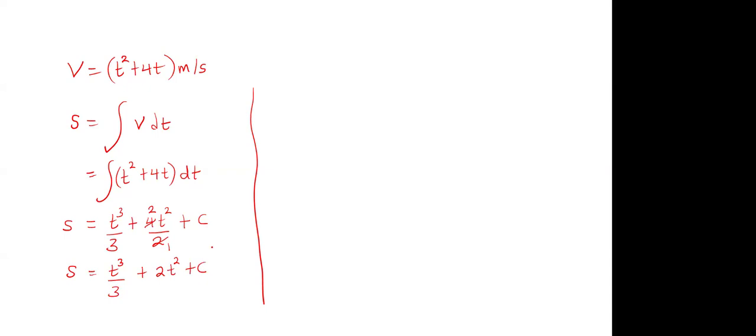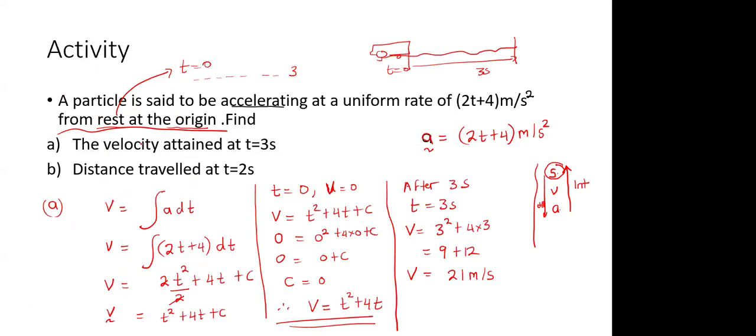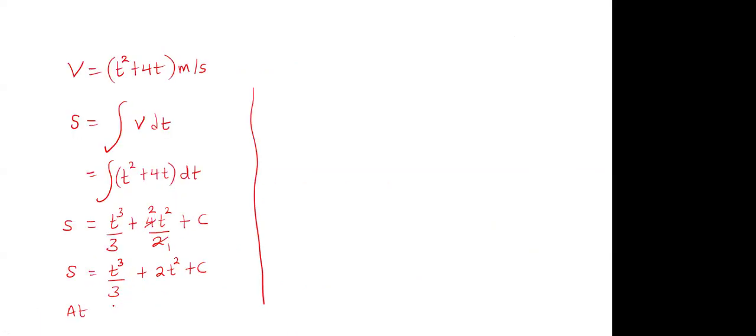Now, the first thing we do, always, we eliminate the C. Initially, because they told you that this particle was initially at rest, it means that the time was 0. Then if you are at the origin, what is your displacement? If the particle is still at the origin, it means that also the initial distance is going to be 0 because you have not moved anywhere.